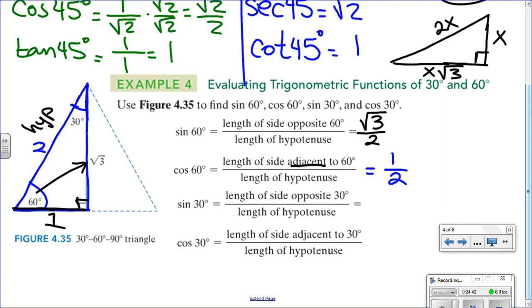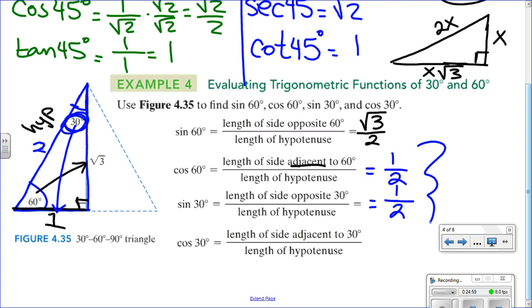Okay, so now let's focus on sine of 30. I want you guys to look at this angle here. What's opposite to 30? 1. And what is the hypotenuse? 2.